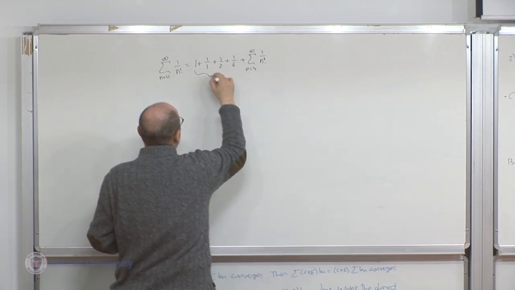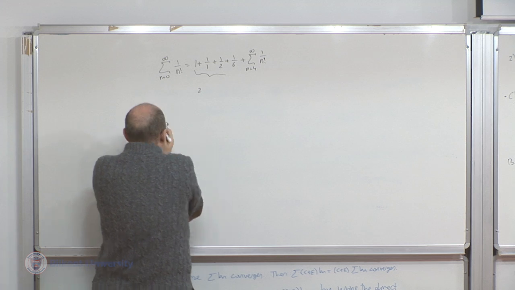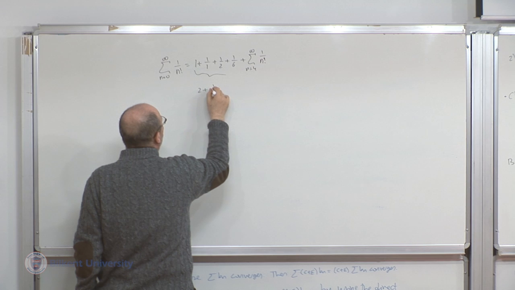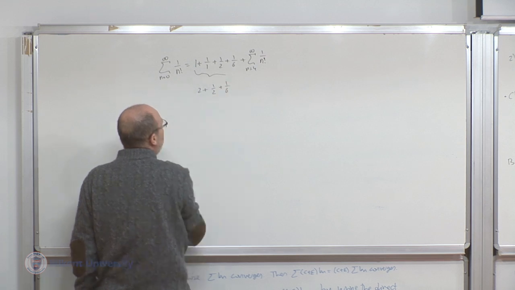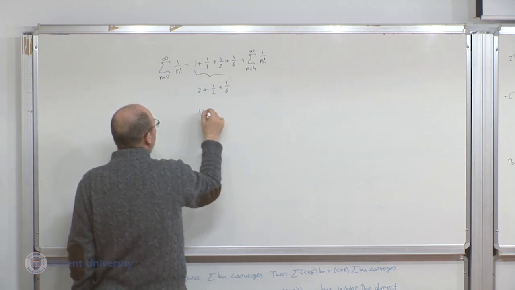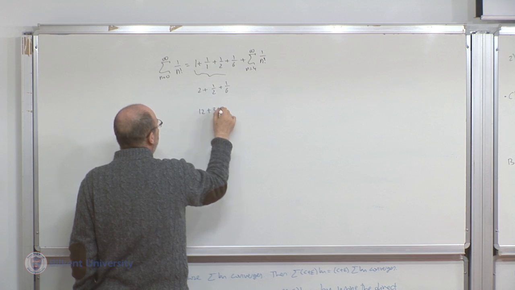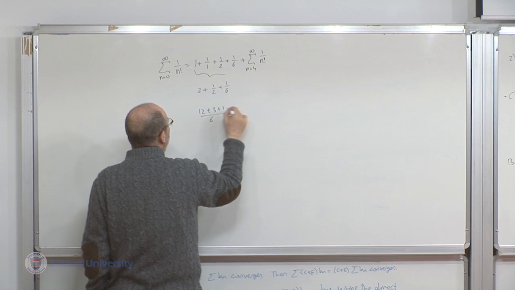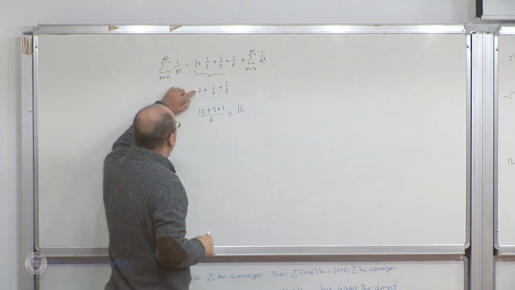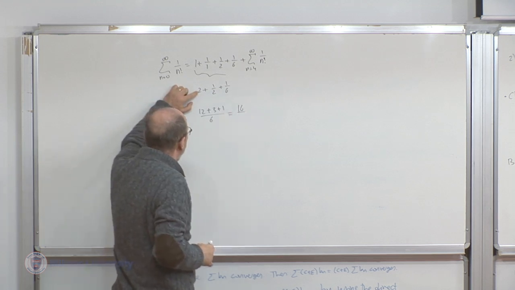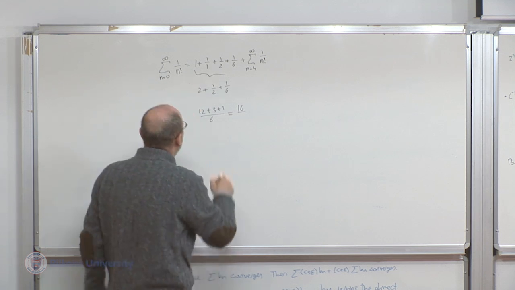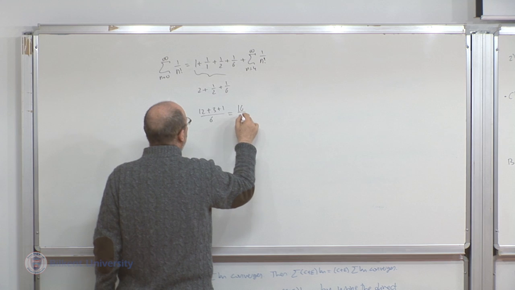So what is this side? This is 2 plus 1 over 2 plus 1 over 6. So 12 plus 3 plus 1 over 6. This is equal to what? 15, 16 over 6. I multiply this by 6, this by 3. 15, 16 over 6.